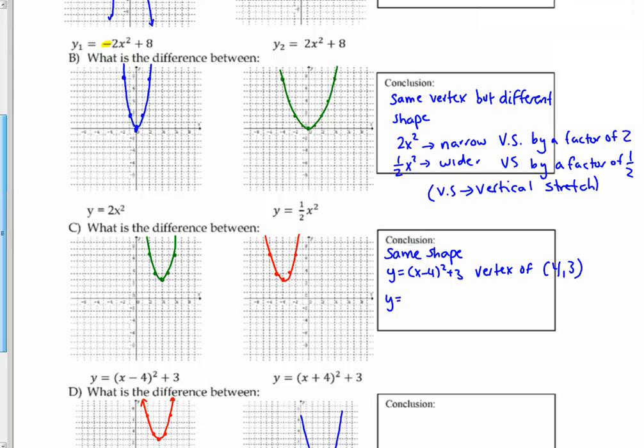And the second has a vertex of -4 and 3. So we just shifted it horizontally. We call that a horizontal translation. You can either call it a horizontal translation or it's reflected in the x-axis or y-axis.